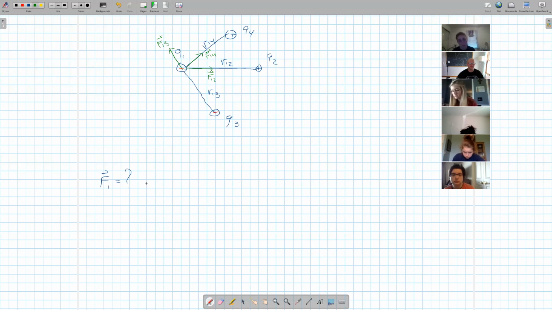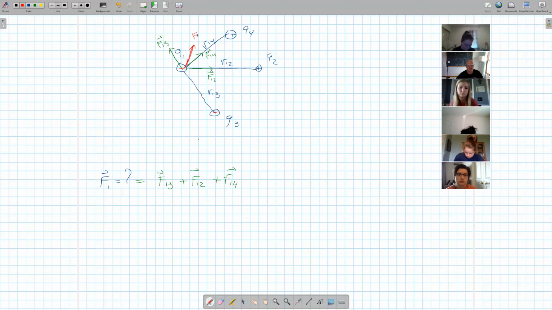So the total force that this thing is going to feel is going to be the individual Coulomb forces between all of the charges. So F12 with F13 with F14, then vector sum together. So this is going to be F13 plus F12 plus F14, all vector summed together, so that the total net force will be the vector sum of all these together, which say would point in this direction.